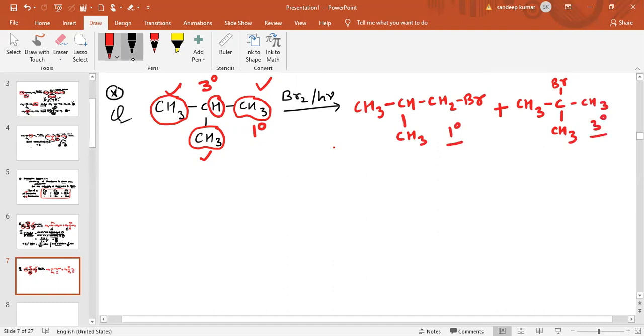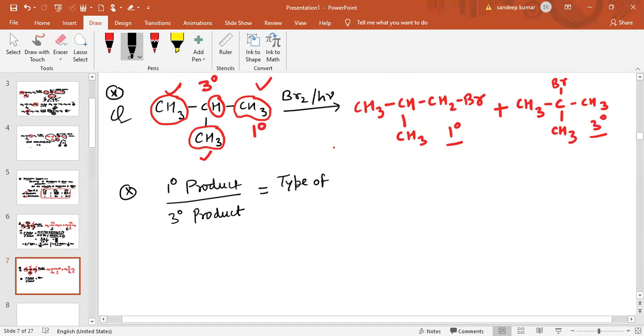Now see what happens. We want to compare the selectivity. So again I am comparing the 1 degree product and the 3 degree product. For the 1 degree product and 3 degree product, how many types of 1 degree hydrogen? Type basically means number.